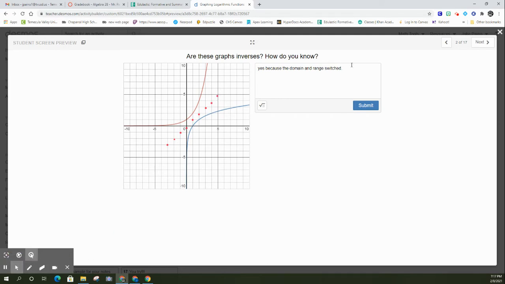Okay, so that's another way. You can say yes, because the two graphs are reflected over the line y equals x. Which is the definition, we reviewed that definition of an inverse, it's a reflection over the line y equals x.